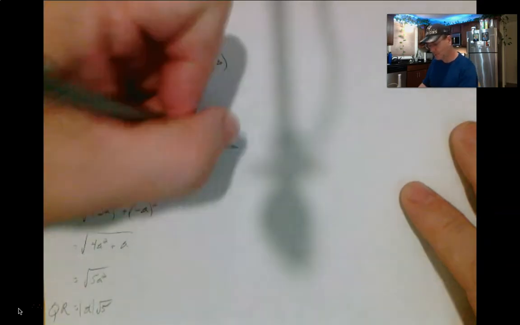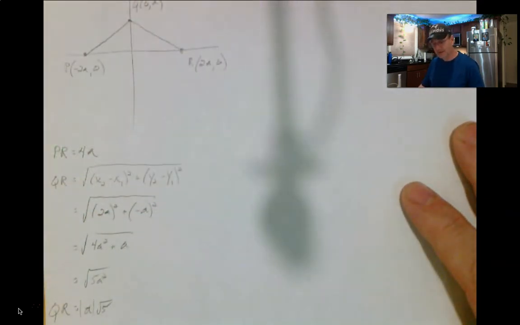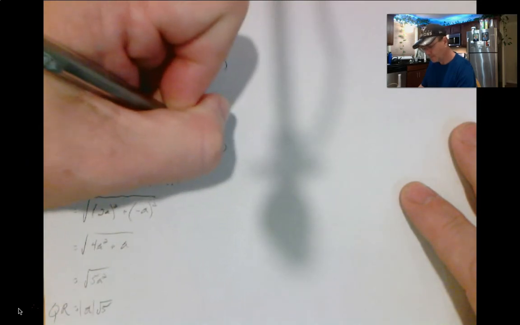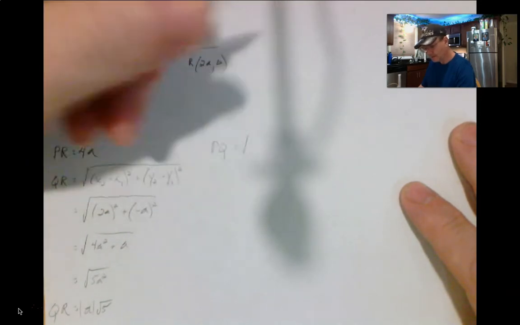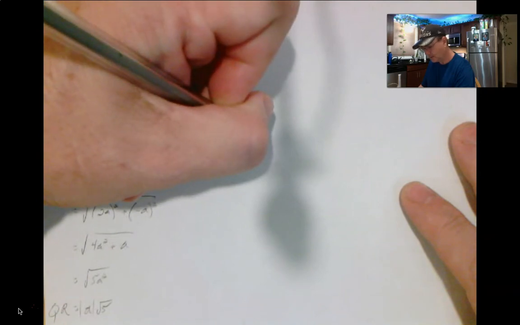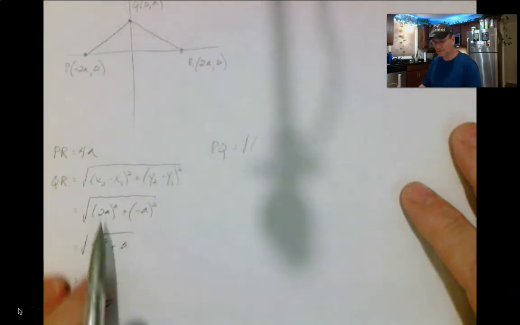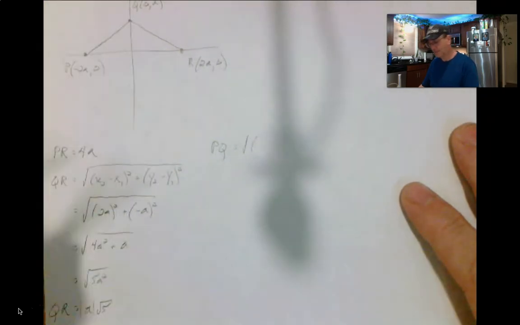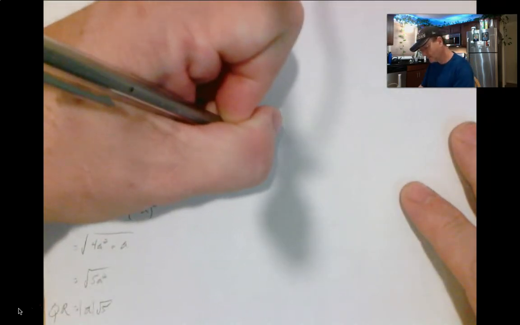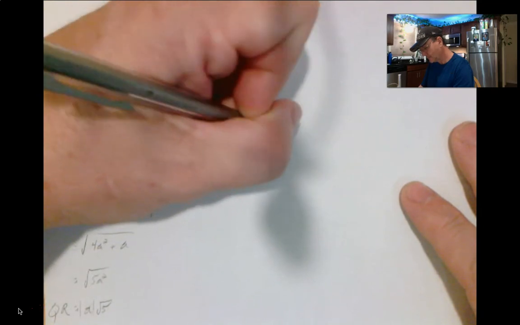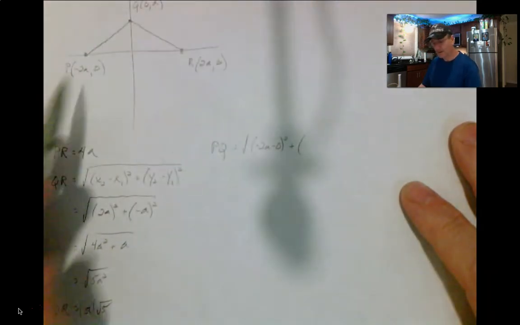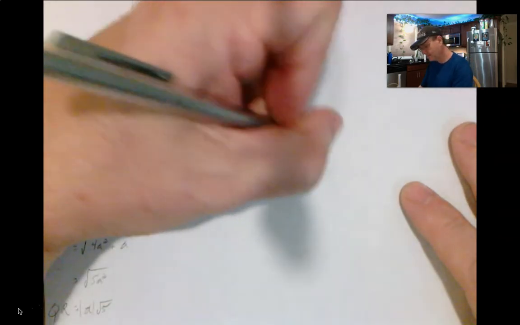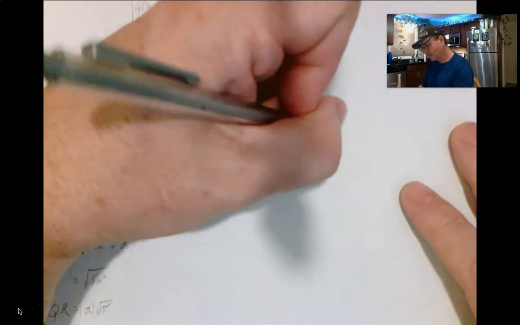PQ, we're going to do distance formula again. It's going to be exactly the same as QR. Let's do PQ. Square root, and I'm going to skip writing the distance formula. I'm going to jump right to here. Negative 2a minus 0 squared plus 0 minus a squared.